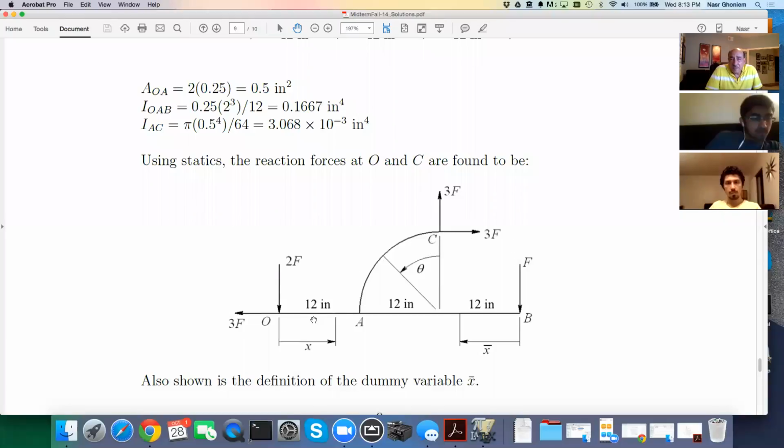If I take vertical reactions, then this would be 2F and this would be 3F to balance the F from the moment equilibrium and vertical equilibrium.